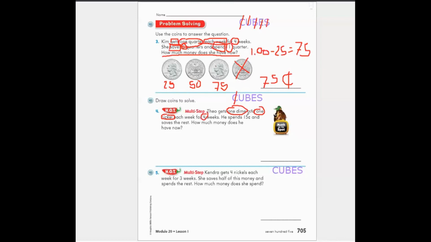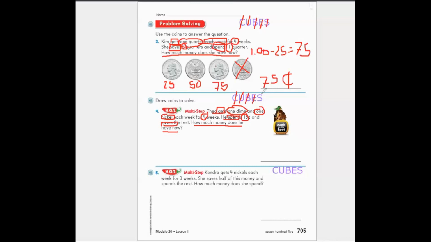He spends 15 cents and saves the rest. Underline the question. How much money does he have now? Box the keywords. Gets 1 dime and 1 nickel for 4 weeks. He spent 15, saves the rest.